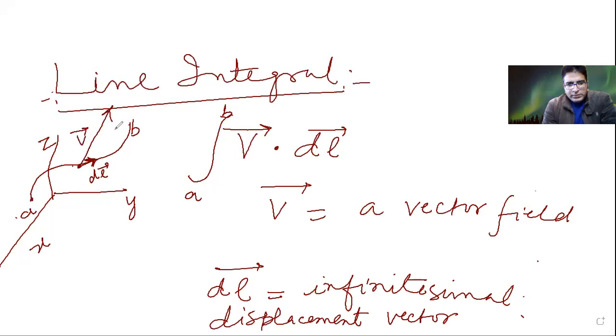So at every piece of this path, we have to find a displacement vector pointing from initial point to final point and dot it with the vector field at that point. So this way we calculate the line integral.